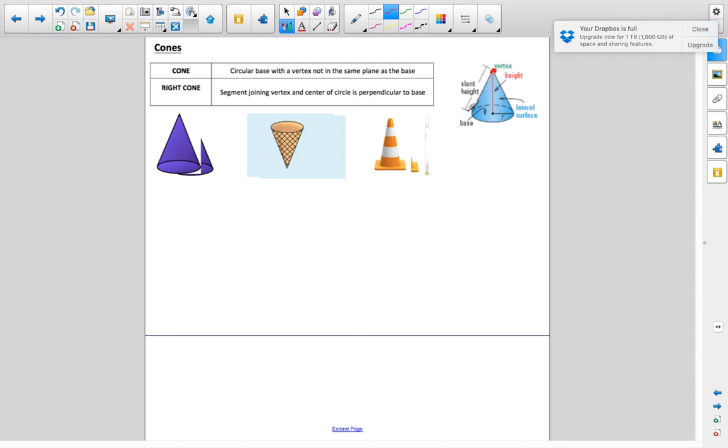This is called the slant height because obviously it's slanted. When we're working on volume, we want to look at the perpendicular height, and that's usually marked with a perpendicular sign. A cone is similar to a cylinder, except it doesn't quite hold as much.